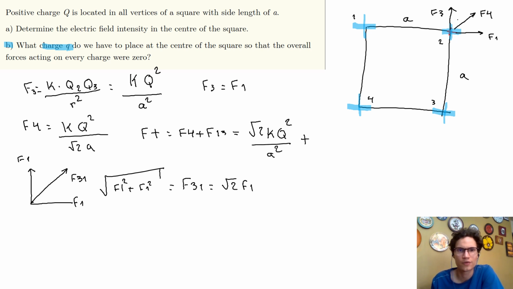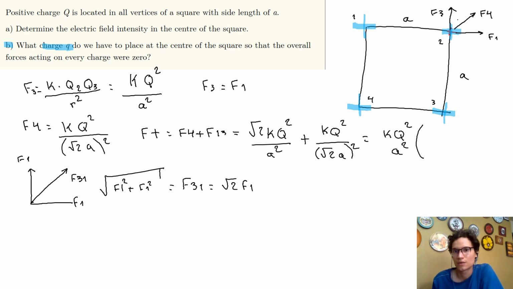We sum this to F4, which is K Q squared over the square root of 2 A, and this is squared. I almost forgot that we square this. We can extract a common factor, K Q squared over A squared, and we get here square root of 2 plus 1/2. All right.